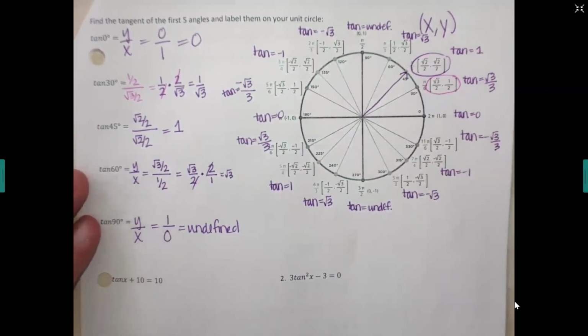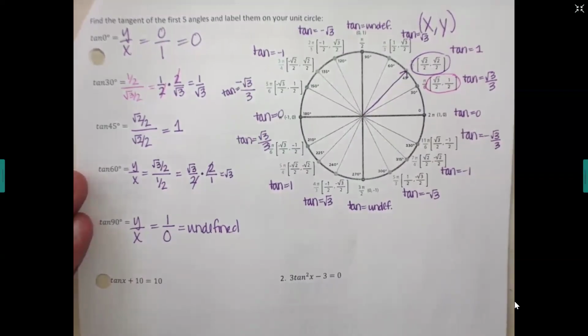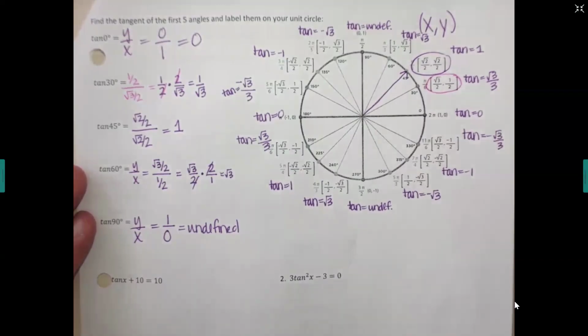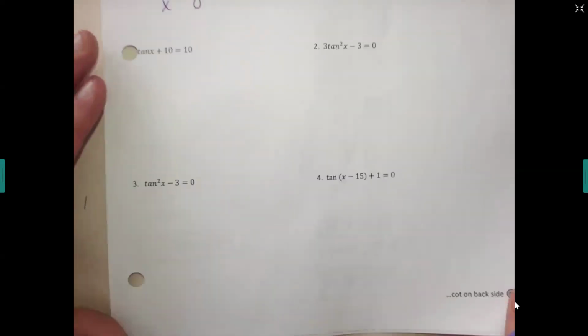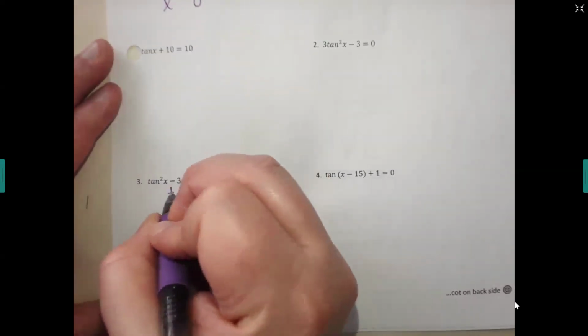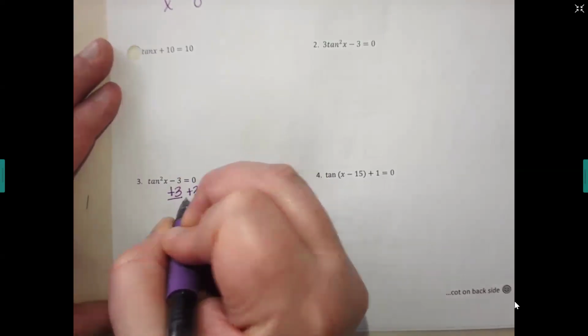Now that you have your tans labeled around the circle, solving it will be just as easy. So let's do number 3. I have tan squared x minus 3 equals 0. What would I do first? Add the 3.